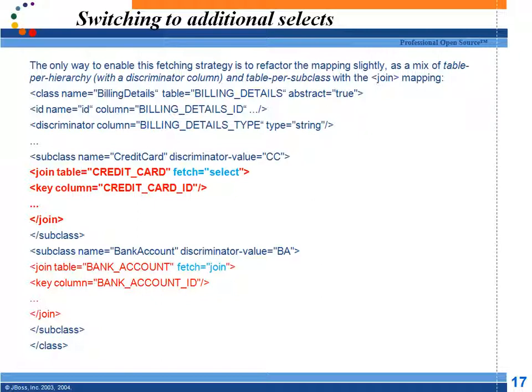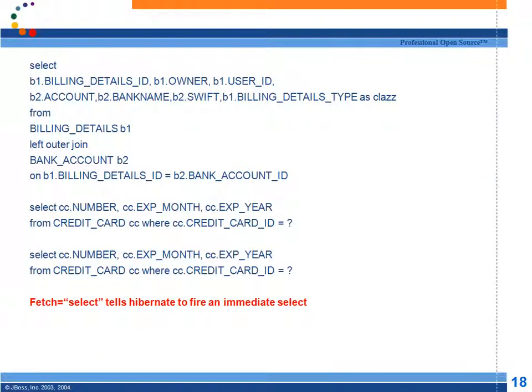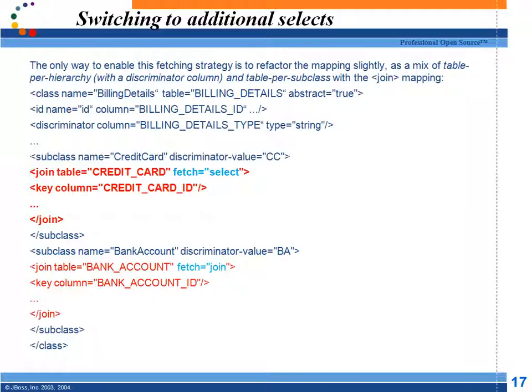If we use a combination of it, now see here, it is firing a select query for each credit card. The superclass table will be having only the columns of the superclass.